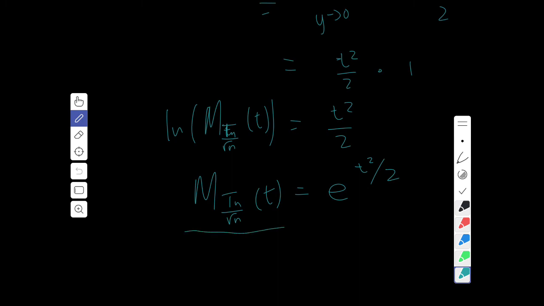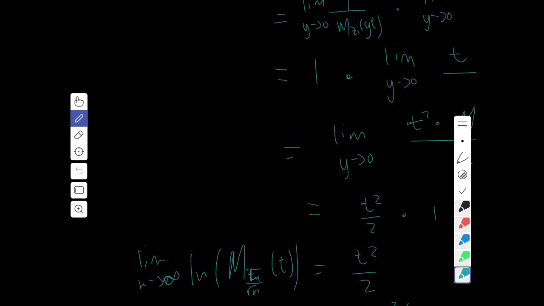So now we've proven that the moment generating function, or the limit, because this is what we were doing when we did all those limits, as n goes to infinity, we were taking the limit. So we now know that the limit as n goes to infinity of the moment generating function of Tn, the sum of those zi's over square root of n, of t, is equal to e to the t squared over 2, which is equal to our left-hand side, right?